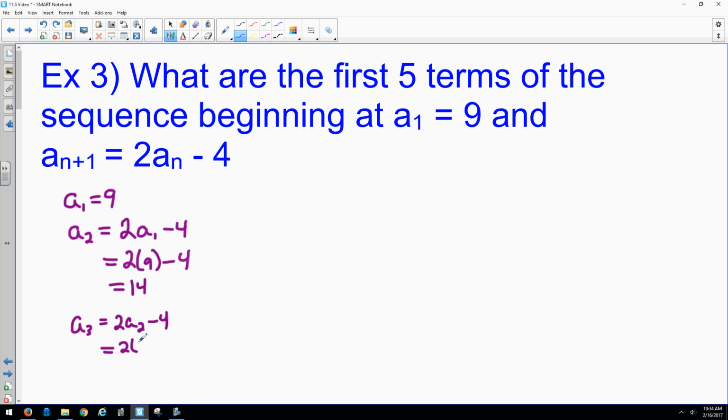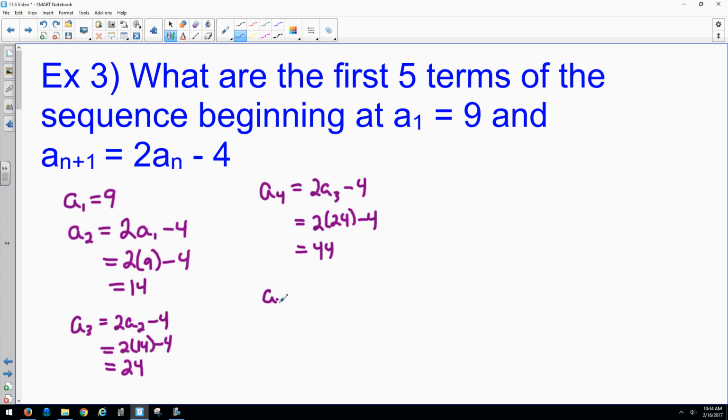And that second term is 14. We're just continuing with this pattern, so we get 24 for that one. A sub 4 is 2 times the third term minus 4. So we get 44 there.